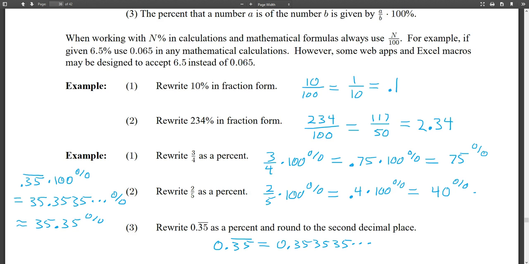Notice how the third decimal place here is a 3, so we would round that to 35.35. That 5 right there would stay fixed, and then we just throw away that part. All right.